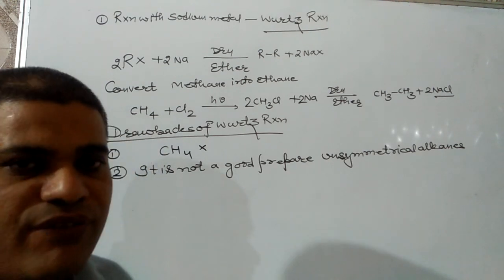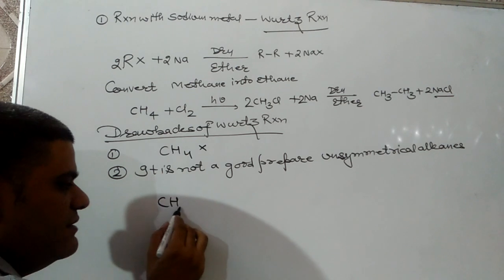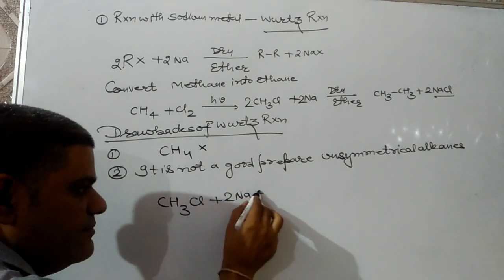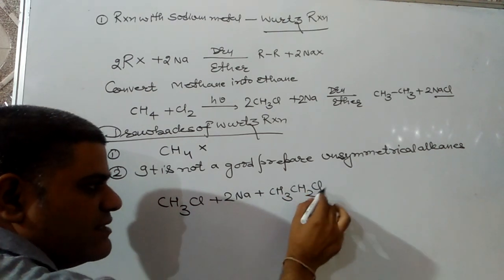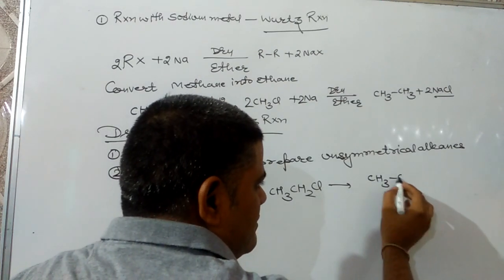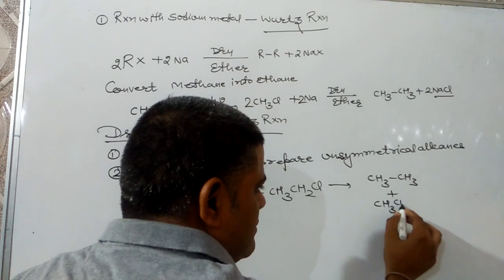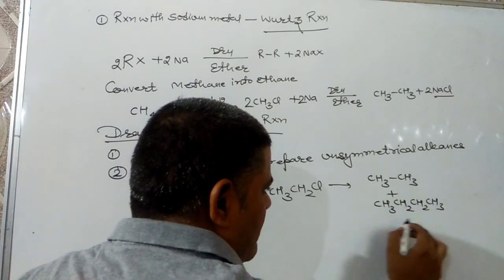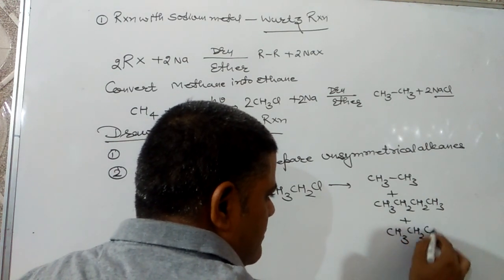Let's suppose if we want to prepare propane, for that I have to take chloromethane plus chloroethane. Then here we will get a mixture of products. That's why it is not a good method. One product may be ethane, second product will be butane, and third product will be propane.